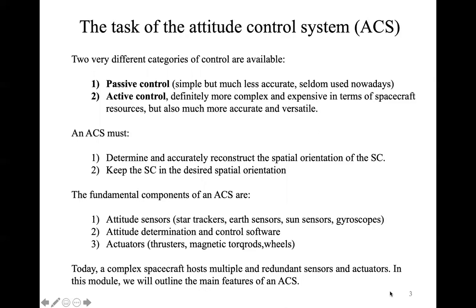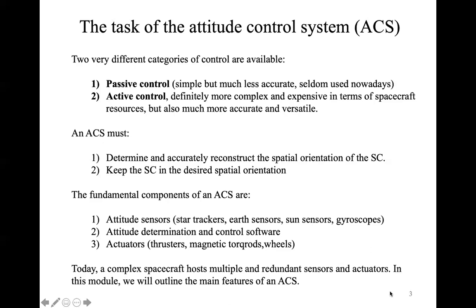The active control is, on the other side, based on the use of auxiliary actuators. So you need to use those actuators in order to control the orientation of the spacecraft every single time.